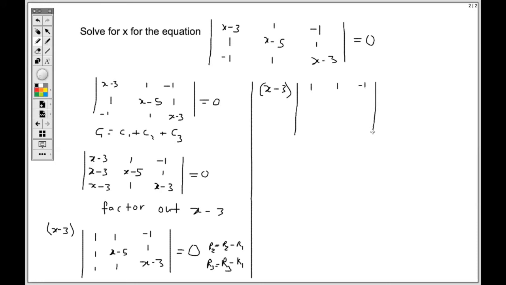Time for our operations. The row operation that we have is row 2 minus row 1 to get the 1 to be 0 in row 2. So 1 minus 1, that's 0. x minus 5 minus 1, that's x minus 6. And 1 minus a negative gives a plus, so 1 plus 1, that gives me 2.